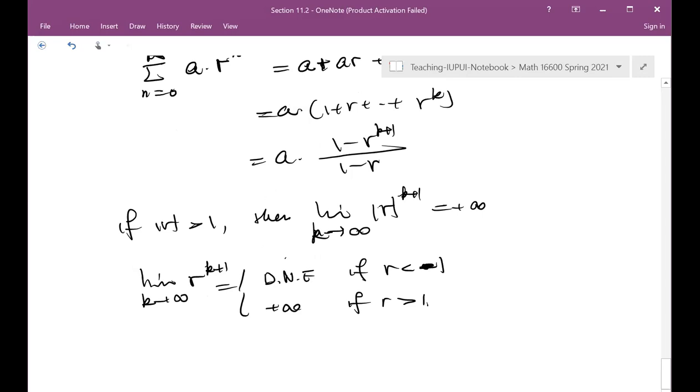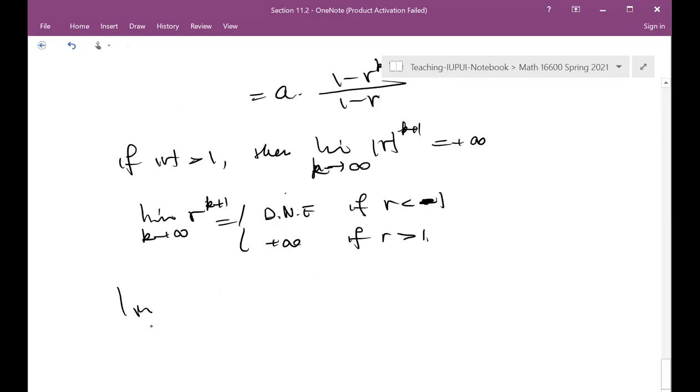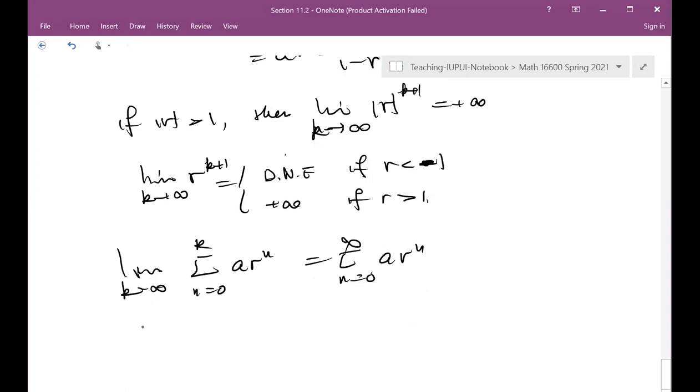But in either case, it's called divergent. That is the reason this limit, k approaching infinity, of the sum n starting from 0 of a r to the power n, this is a notation for that limit. This one is divergent.